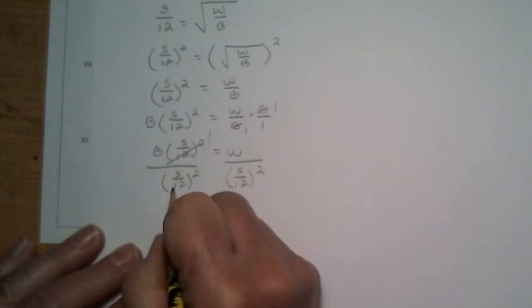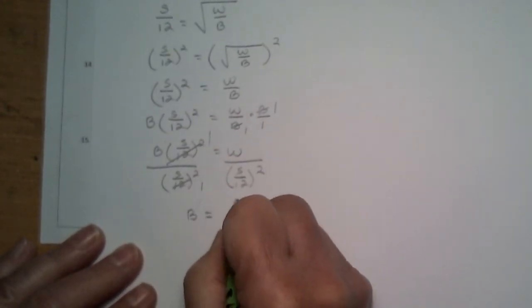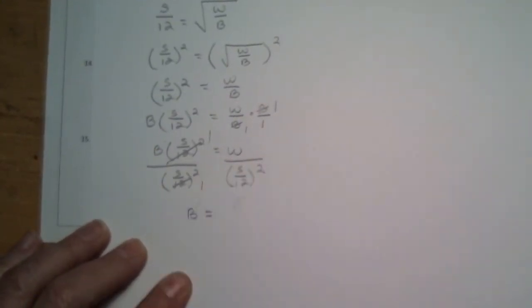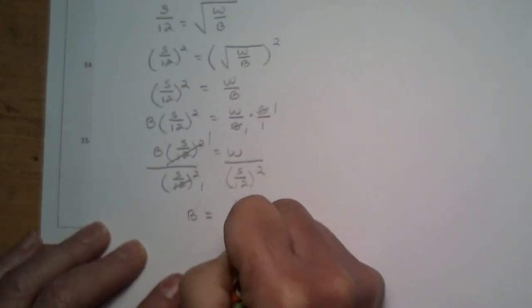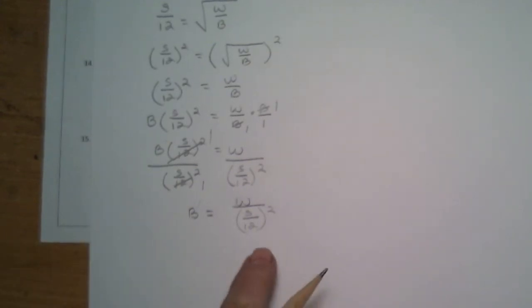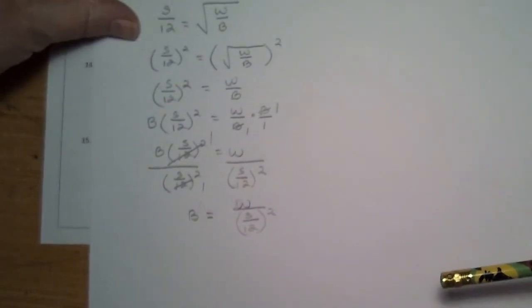They're gone here, leaving me with B is equal to W over S over 12 squared. Now, the truth is that's not a very pretty presentation, but for our purposes, it's good enough.